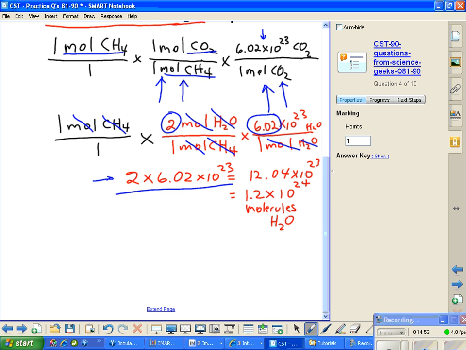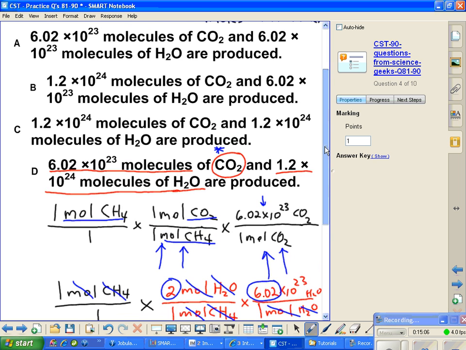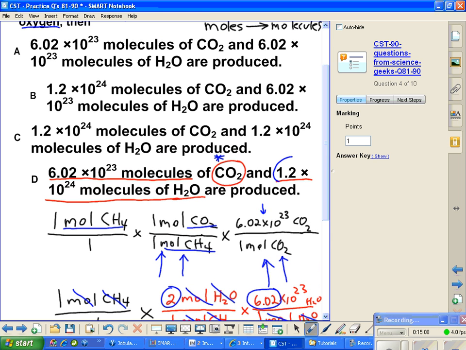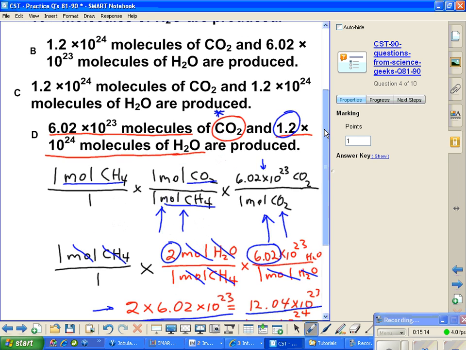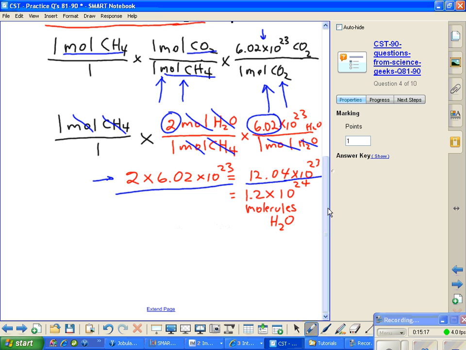So this is going to be 12.04 times 10 to the minus 23, but we have to get that back in scientific notation to match what they gave us as a possible answer right here. And that was 1.2 times 10 to the 24th molecules, and that is exactly what we come out with.